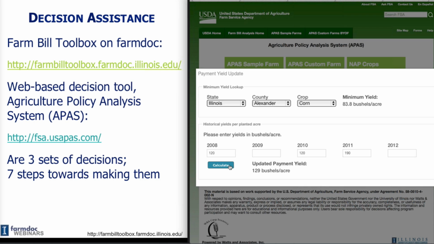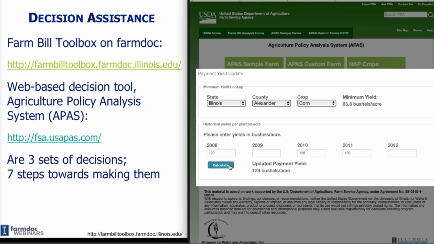And the base acreage should be based on the whole farm. So the tenant didn't get a base acre number for their share, and the landowner shouldn't have got information on their share for base. It should have been base for the entire farm on both. Of course, if you have a 50-50 share, the landowner gets 50% of the payments, and the share rent farmer gets 50% of the payments.